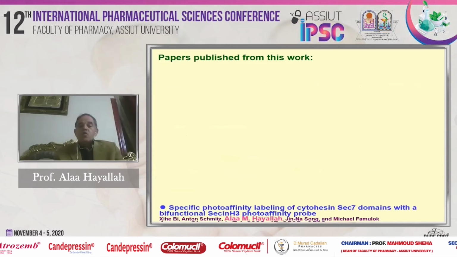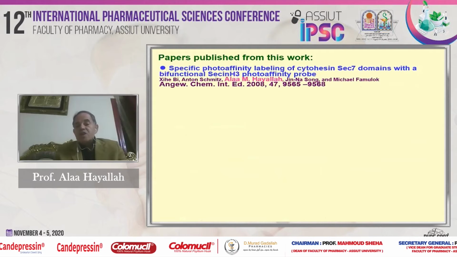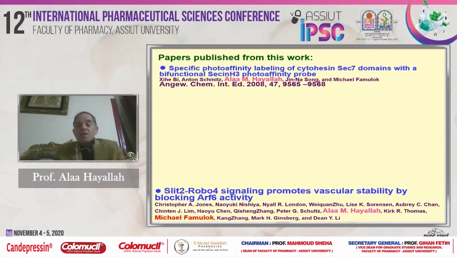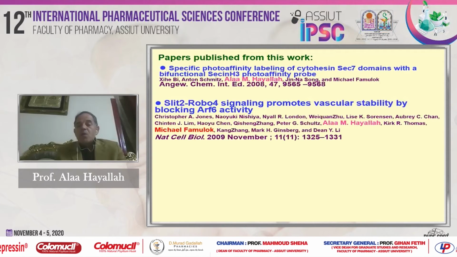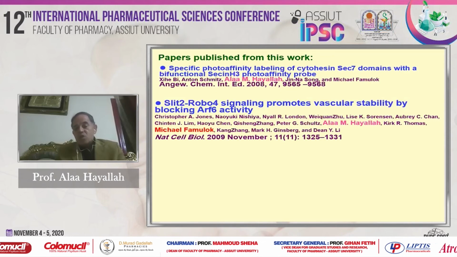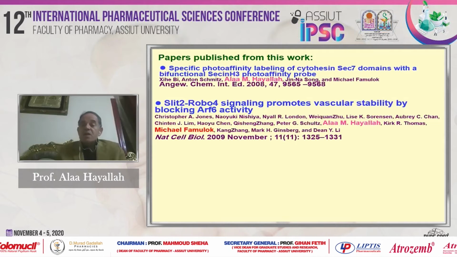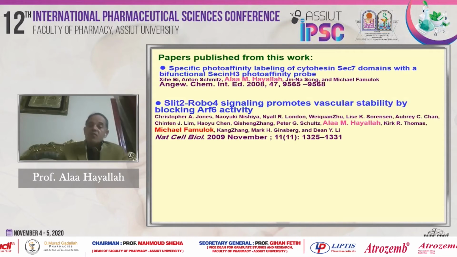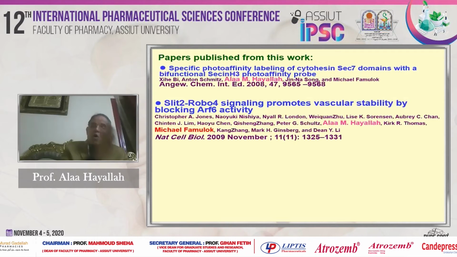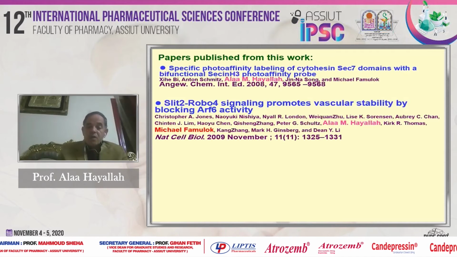Papers published from this work: specific photoaffinity labeling of the cytohesin Sec7 domain with a bifunctional SecinH3 photoaffinity probe, in Angewandte Chemie. Slit2-ROBO4 signaling promotes vascular stability by blocking ARF6 protein. This blocking, discussed here, proves the role of ROBO4 by parallel block using SecinH3 as a specific blocking agent for ARNO, and is published in Nature Cell Biology.